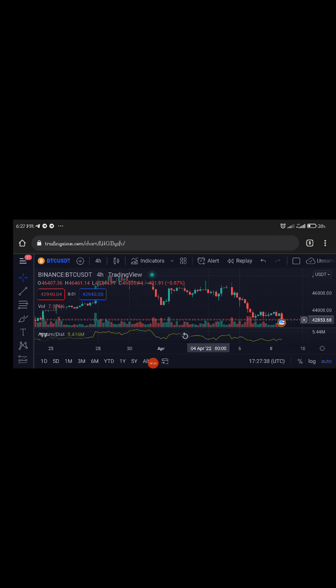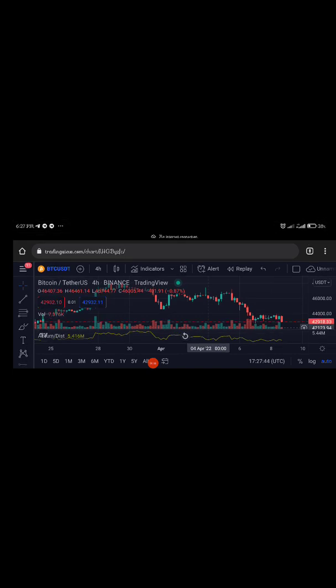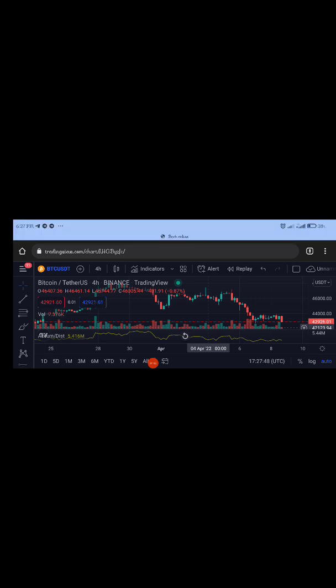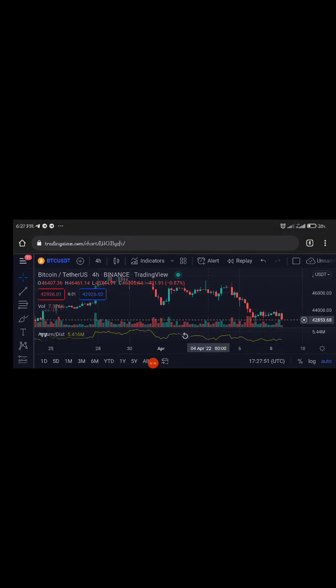It's because I'm using a mobile, so it may not be very clear, but if you're using a PC, you get to see it clearer. So it's good for us to always have a PC. As you can see, my network is fluctuating, so the chart may be skipping.